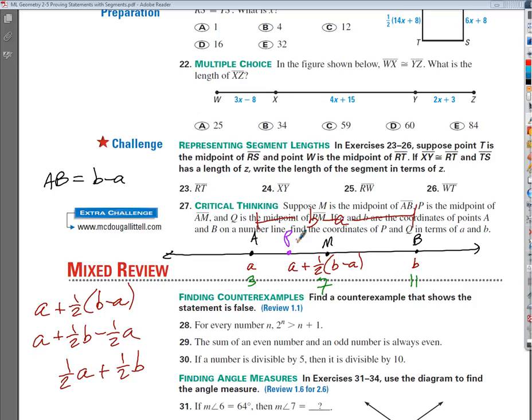Okay? Other questions? Any other questions on 2.5? Belle, you got a question? No? Well, I might give you a tiny bit more than that when we're done, but not much.